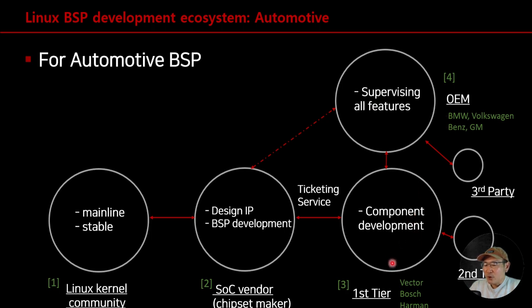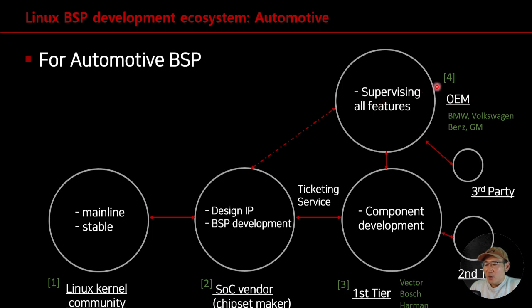Anyway, right after the first tier companies finish developing the BSP component, such as ADAS, telematics, or infotainment system, they release a software package to the OEM. Sometimes the OEM car company can implement their device drivers and features without the help of a first tier company. Sometimes OEM companies collaborate with third-party companies.